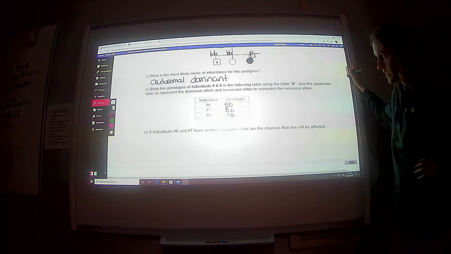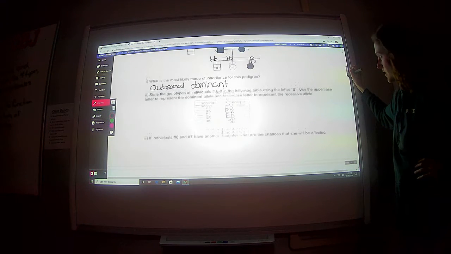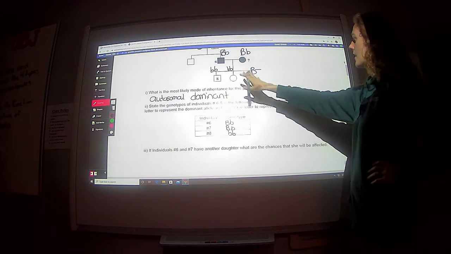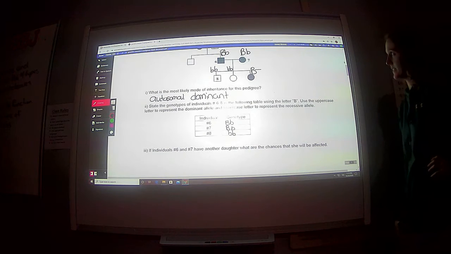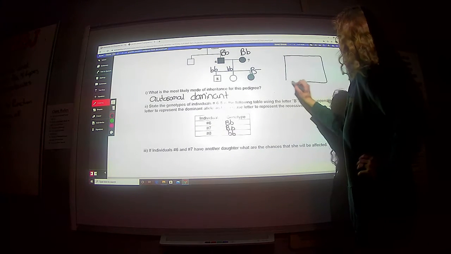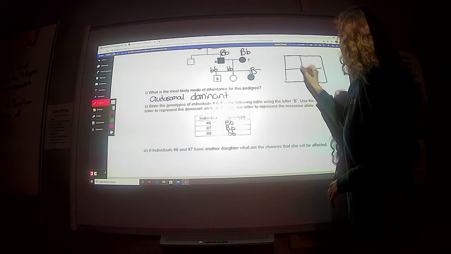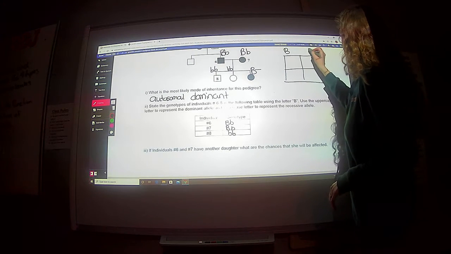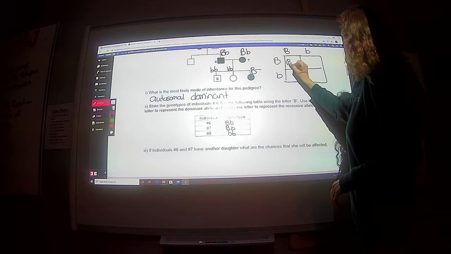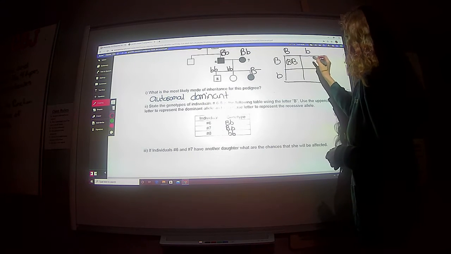If individuals 6 and 7 have another daughter, what are the chances that she'll be affected? So we have one daughter that doesn't have it. We have one daughter that does have it. So we could work up a Punnett square here real quick because we know that our parents are heterozygous, being that they had kids that are not affected.